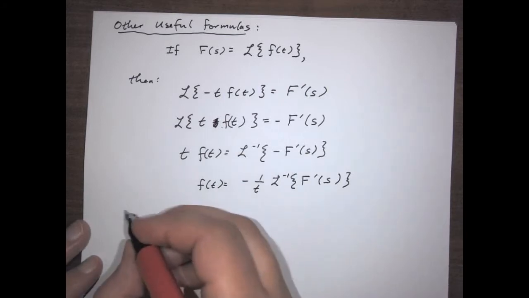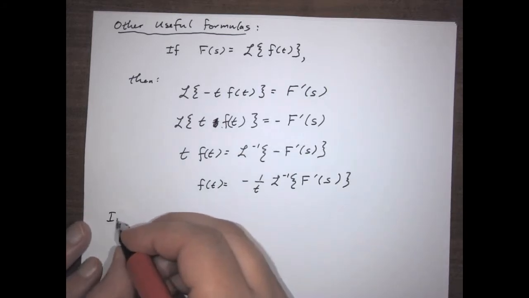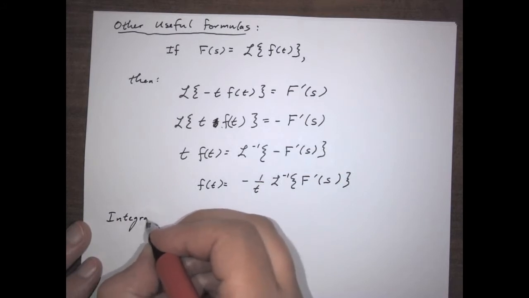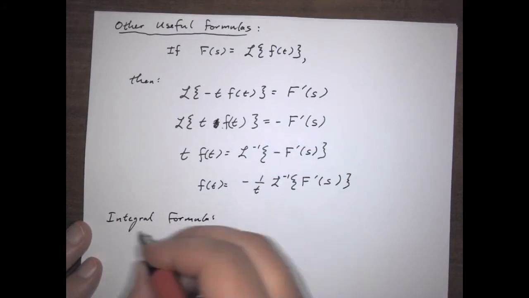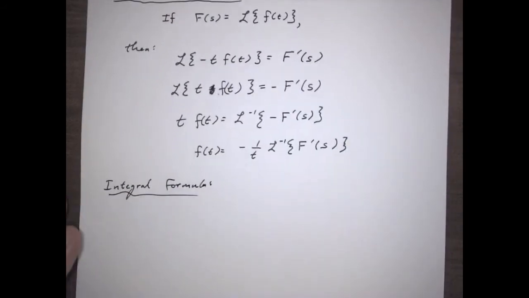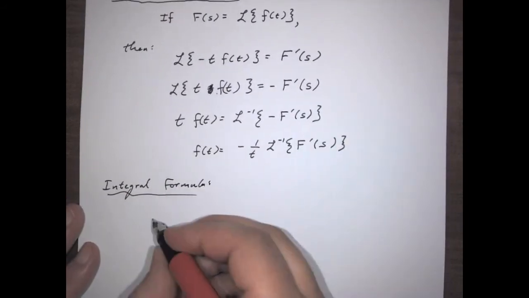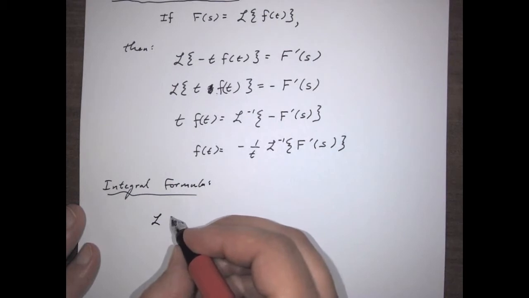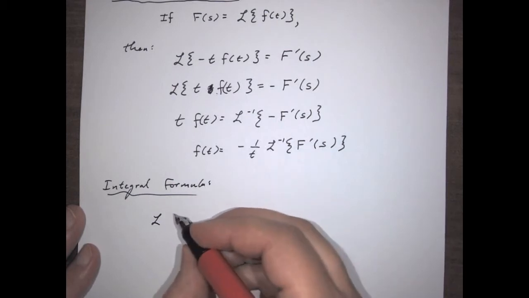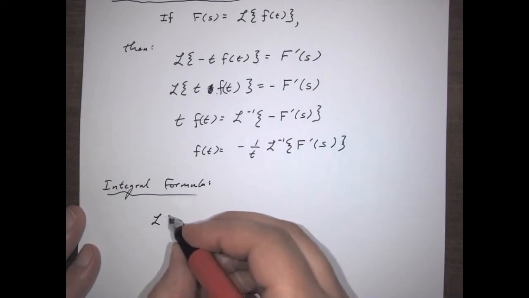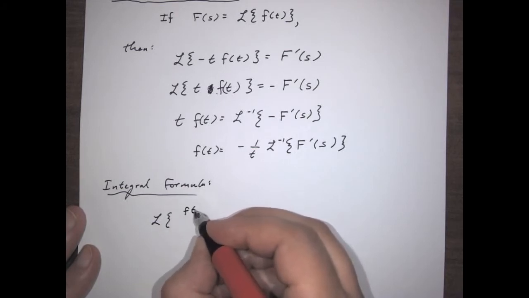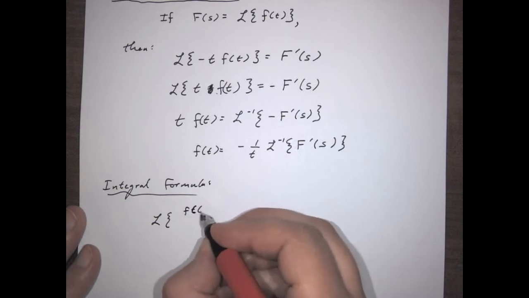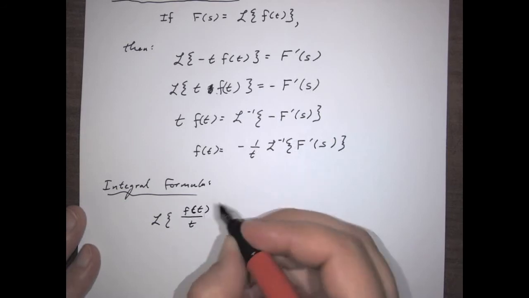And then as far as the integral formula, if we have something like this, so this is actually a twist on a formula we already had. So we have the Laplace transform of f(t) over t.